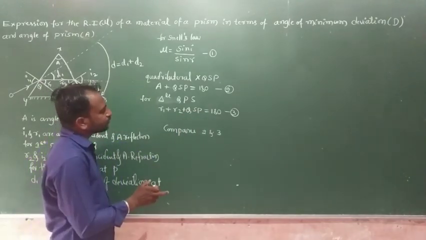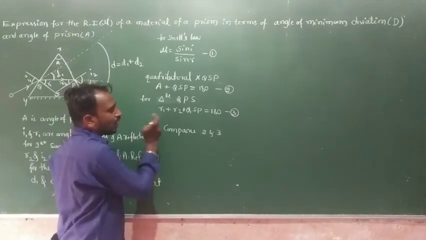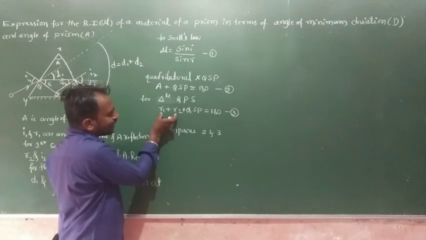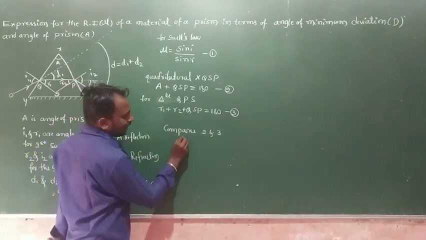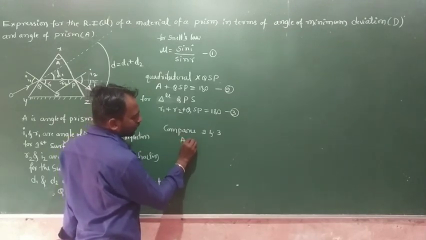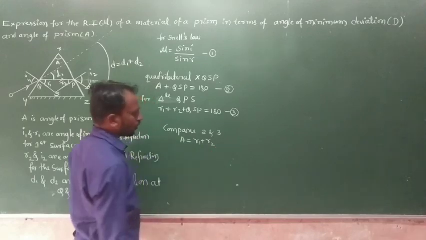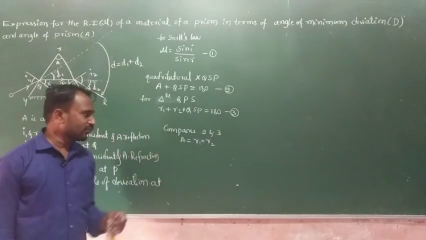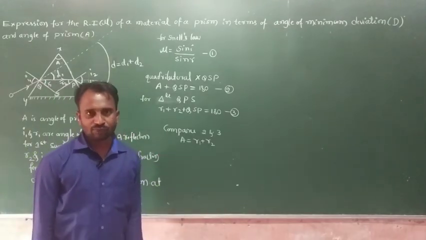It means A is equal to R1 plus R2. Why? Because QSP is the same in both. If you add these two angles, then we get the angle of the prism. So A, the angle of the prism, is equal to R1 plus R2.